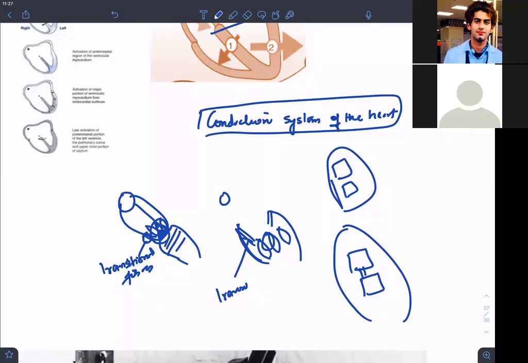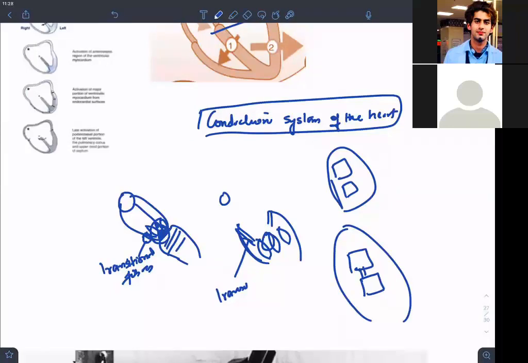This property, this ability, this capacity of the AV node to slow, to block that impulse, is called decremental conduction.